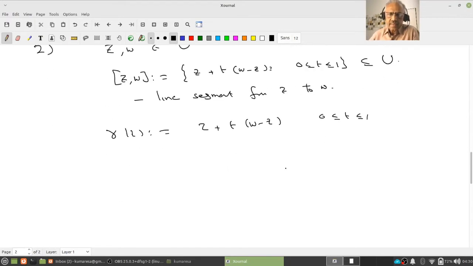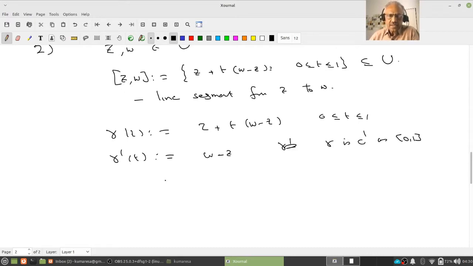Okay, and again with this we had already seen what is gamma prime t. If you remember, when we talked about functions from an interval to C, we looked at this kind of example. So this is W minus Z, right? Therefore gamma prime is actually constant, therefore gamma is C1 on 0 1.